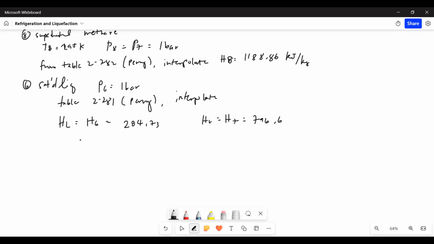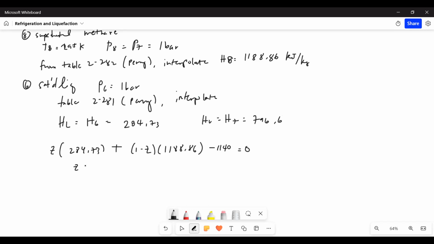So now we go back to the energy balance. Z times 284.73 plus 1 minus Z times 1188.86 minus 1140 equal to 0.